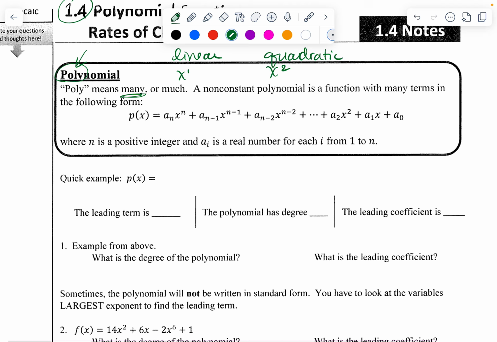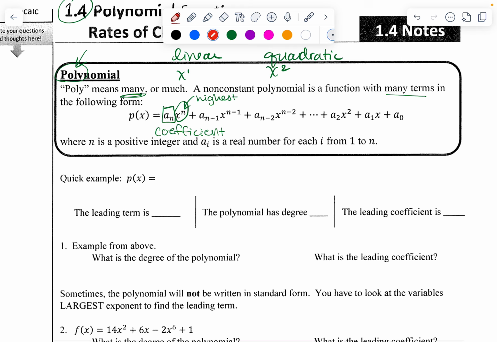So a polynomial means we have many terms, and whatever's here, this is our highest, what we call degree or exponent, and this coefficient is also called the leading coefficient, but specifically it's a coefficient, which is the number in front of the variable. And when it's the highest degree, we call this the leading coefficient, meaning the coefficient on the highest degree.